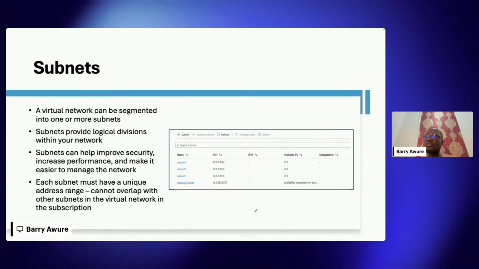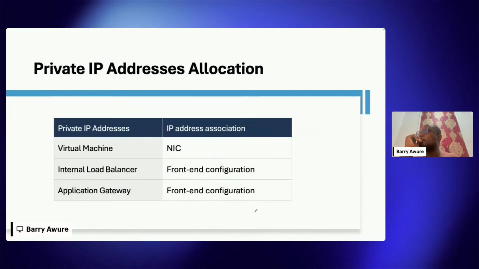So you need to have that at the back of your mind: how many endpoints do I need in this subnet? That will determine the subnet mask that you allocate to that subnet. And remember, when you are allocating your subnet mask, always have it at the back of your mind that you need to have a structured way of carrying that out.